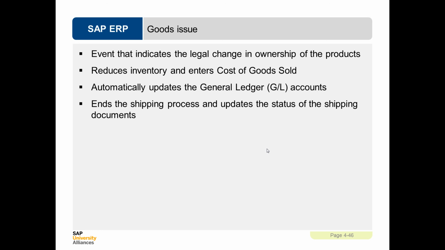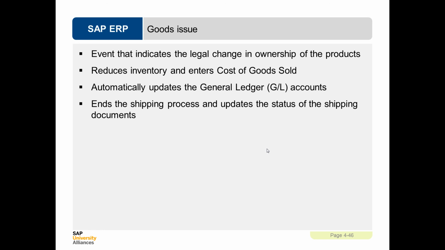And this process is essentially when we take a physical material out of inventory and, in this case, ship it to a customer. The goods issue process creates a financial impact for the organization. That financial impact is that, as you can see here, it's going to reduce inventory and create a cost of goods sold that's going to go into our revenues ledgers or sub-ledger.